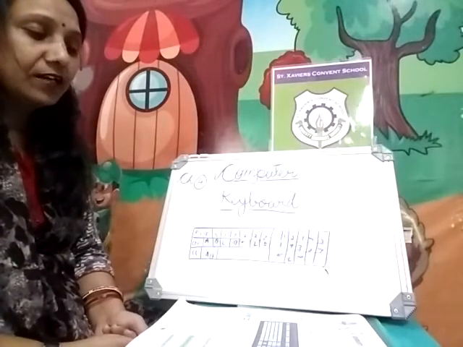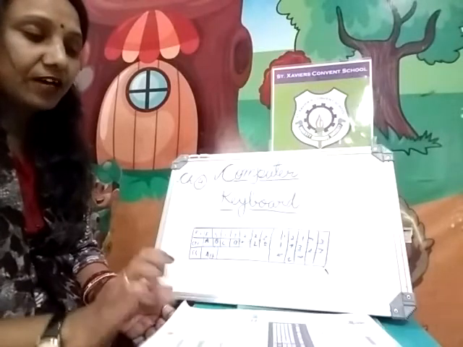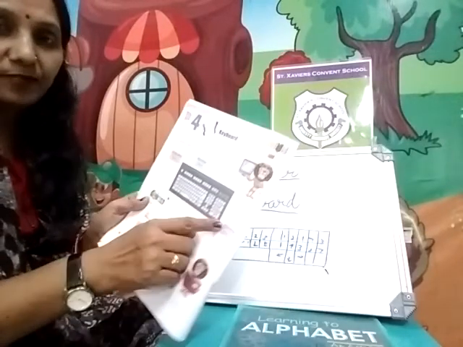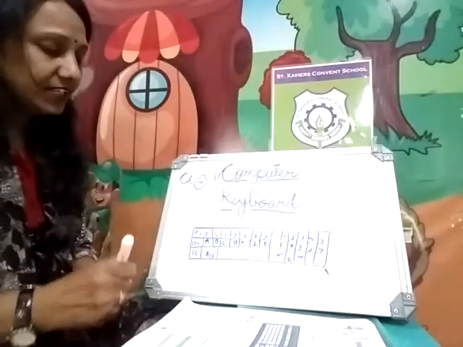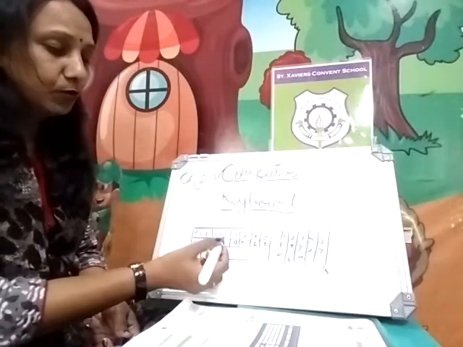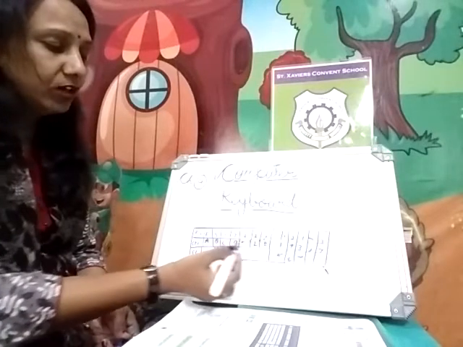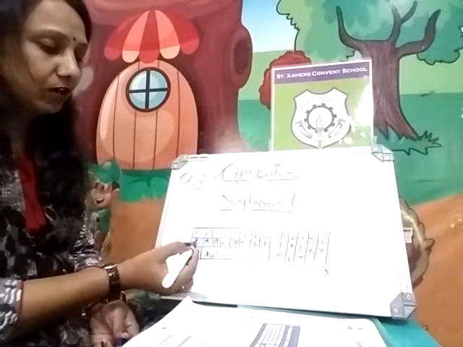Now look at the keyboard. A keyboard has a number of keys, many types of keys. Now you can see that it's written A, Q, L, D like that. What are all these keys called?